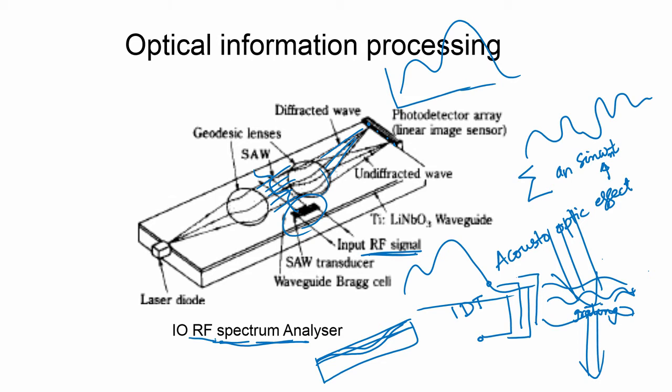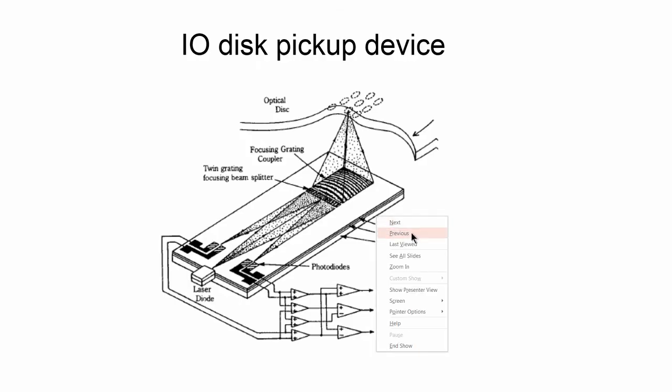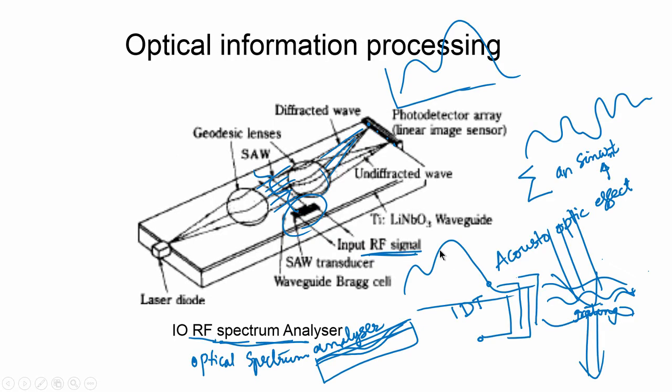Then there is one more application that we can think of using a similar arrangement. We can also think of optical spectrum analysis. So, we will talk about the optical spectrum analyzer.